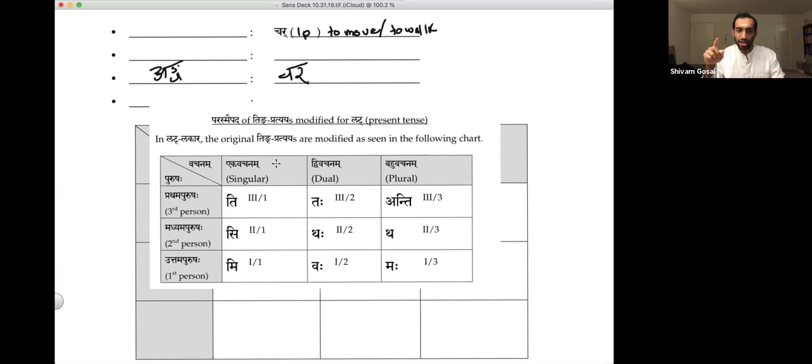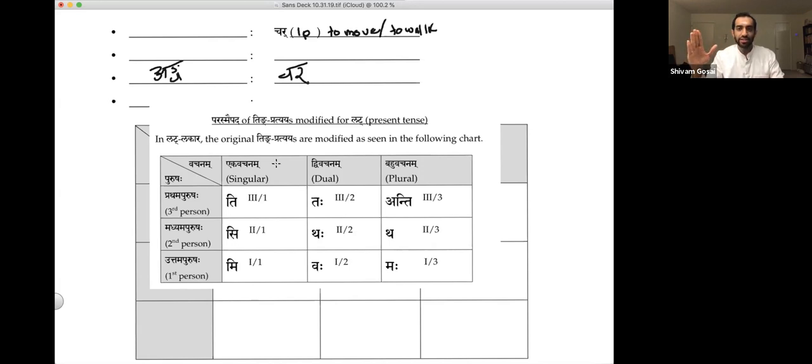Okay, so char plus si, charasi. Char plus taha, charataha. Char plus ta, charata. Then uttama purusha, char plus mi. Is it charami? No, it's charami. Charami. Charavaha.